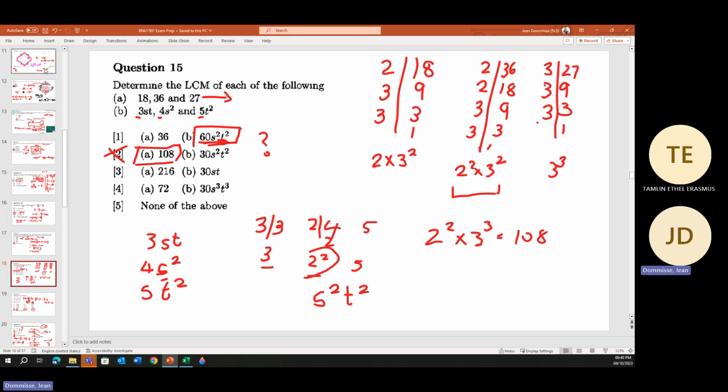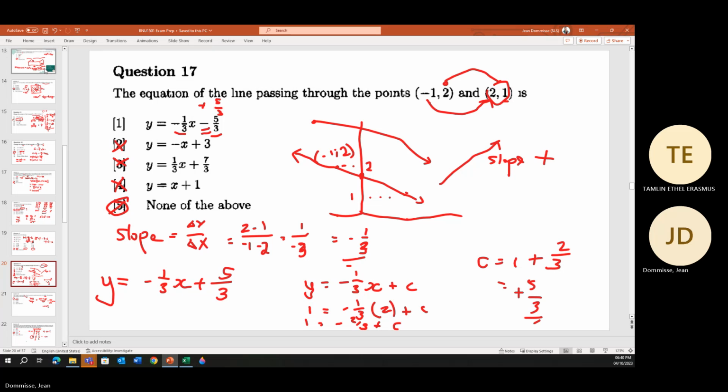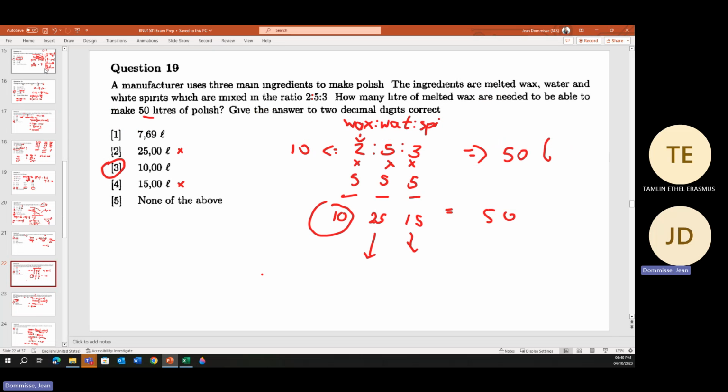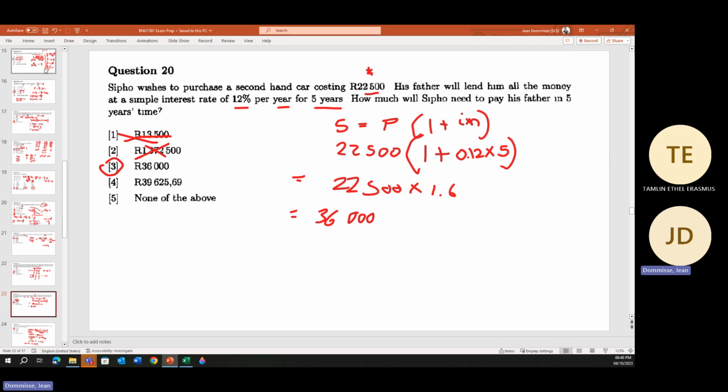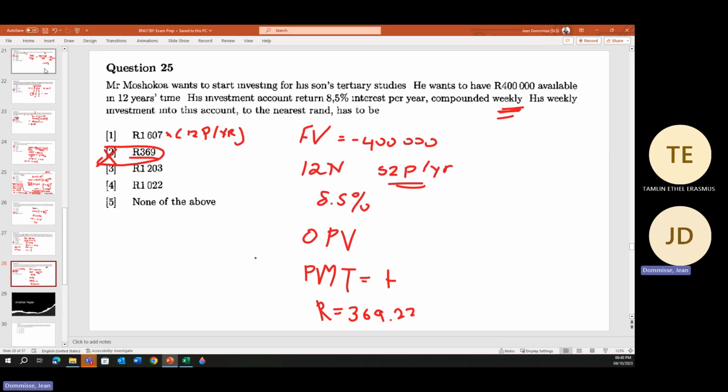We went then into your lowest common multiple, then back into simplification, equations again, where we needed to work with a line, and then we started with a percentage, the ratio. So it was a bit of a mix how the exam was structured, and then the last 5 questions were all on your financial maths kind of questions.